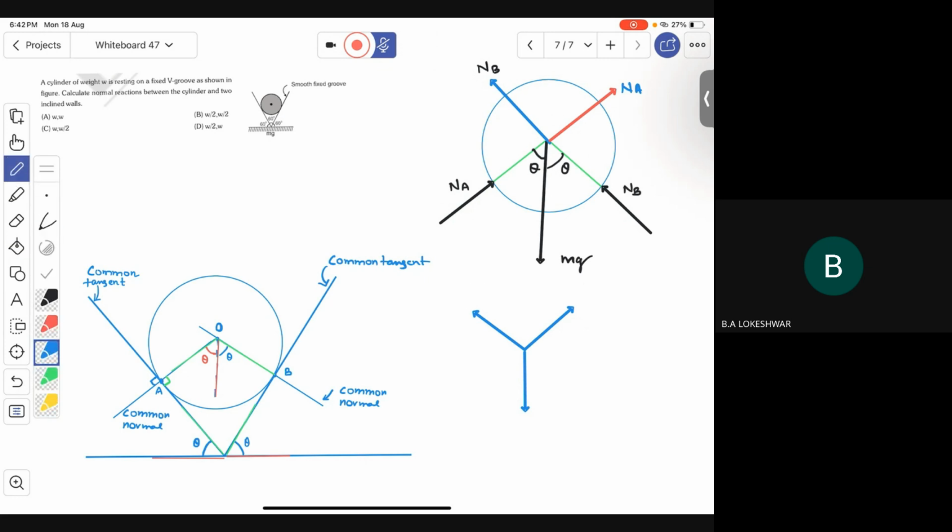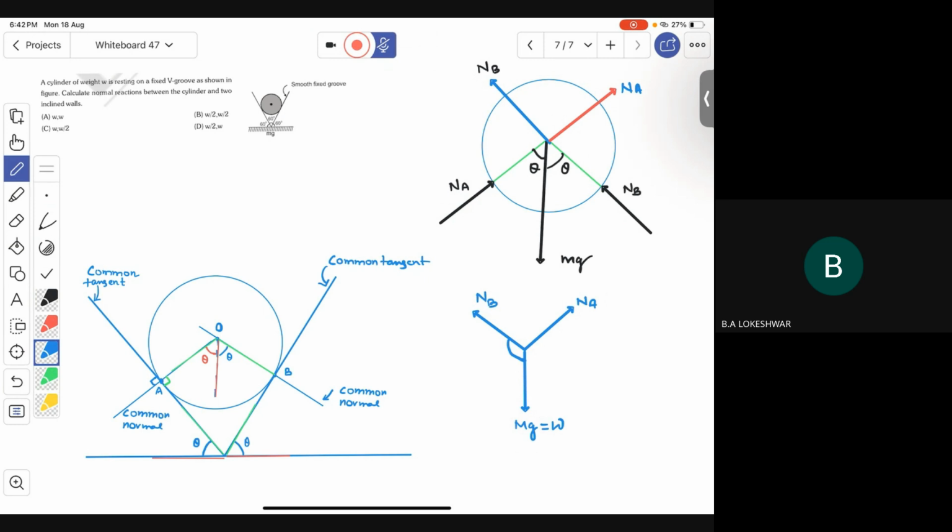How many forces are acting on this object? Three forces: NA, NB, and Mg. Mg is equal to the weight, which I call W. So you can tell how much this angle is. This angle is pi.